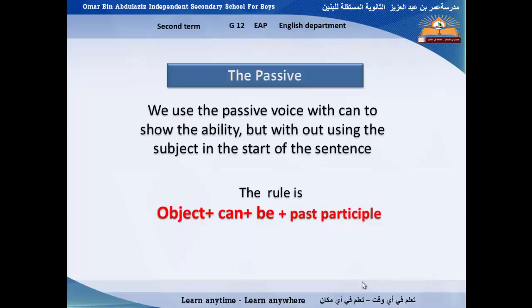I mean, we have regular verbs and irregular verbs. For the regular verbs, the past participle is formed by adding d or ed or ied to the verb, like the verb play. The past participle is played, like the verb watch, the past participle is watched, like the verb lock, the past participle is locked.